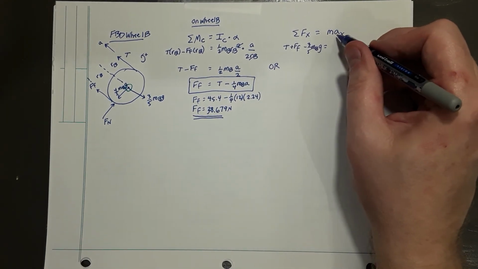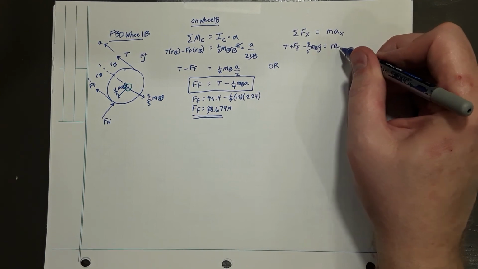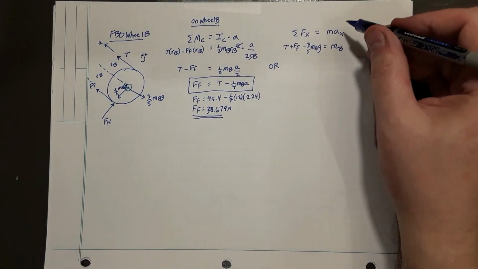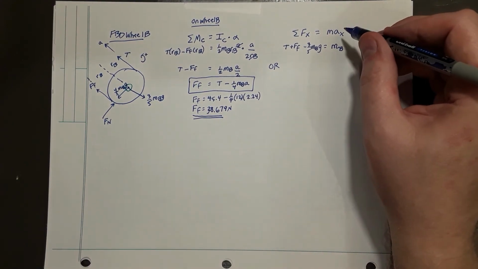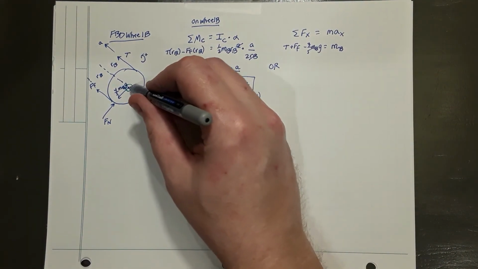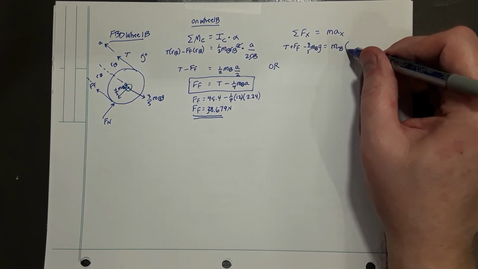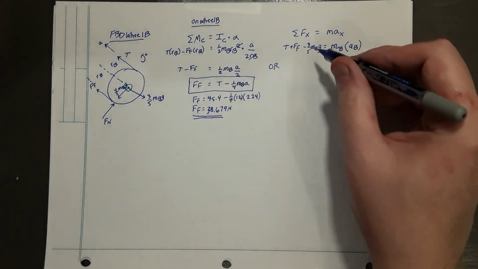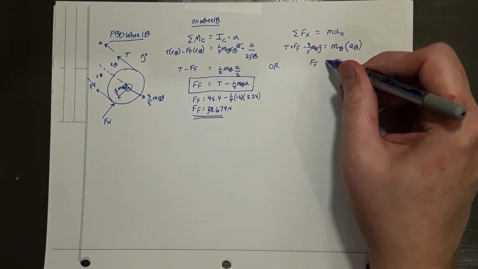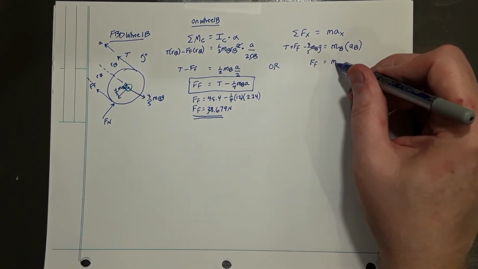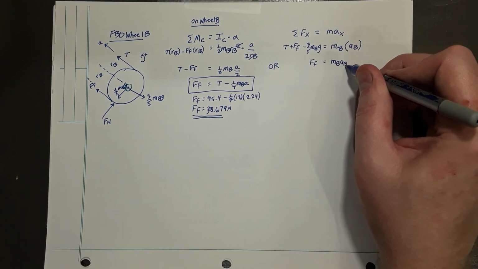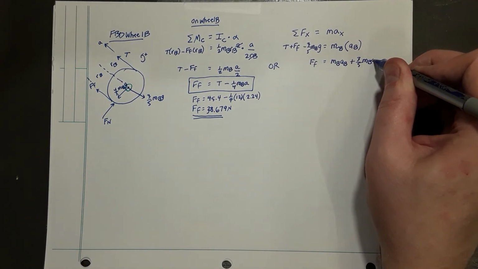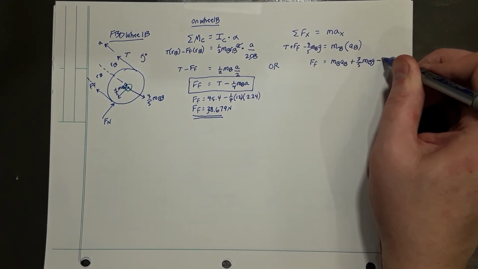The linear inertia of this object, when it's moving in a straight line, is the mass B, but we must include the acceleration of the centroid here only. So that's AB. Rearranging this equation for force of friction, I find we get MBAB plus 3/5 MBG minus tension.